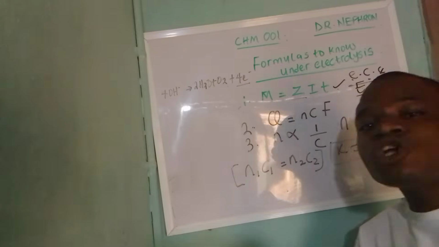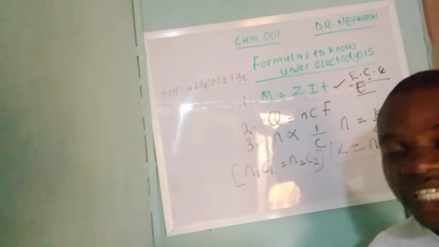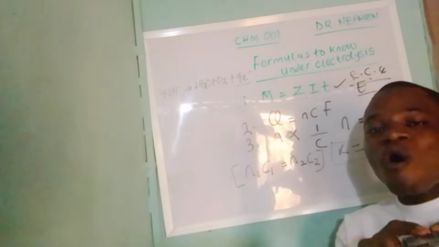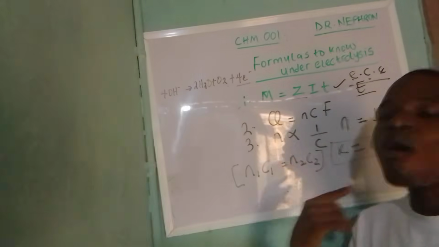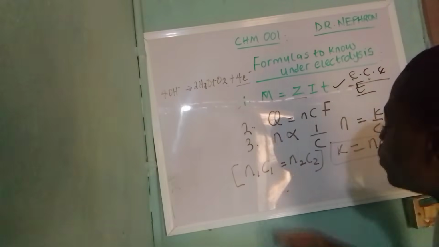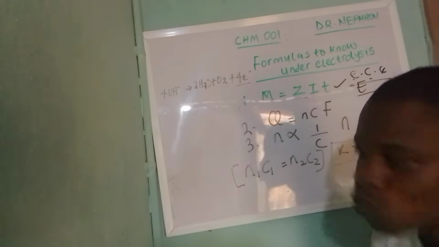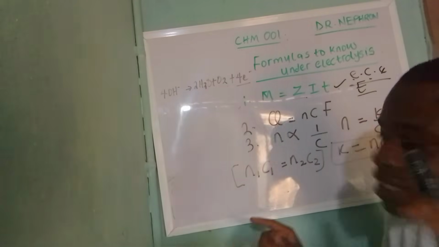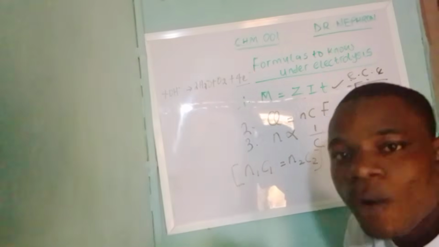We say that when the same current passes through different electrolytes, the number of moles of the element discharged during the process is inversely proportional to the charge carried by the elements. Hope you are getting that. So N1 C1 equal to N2 C2. Now N1 is the first element, N2 is the second element. They are different, they are not the same.